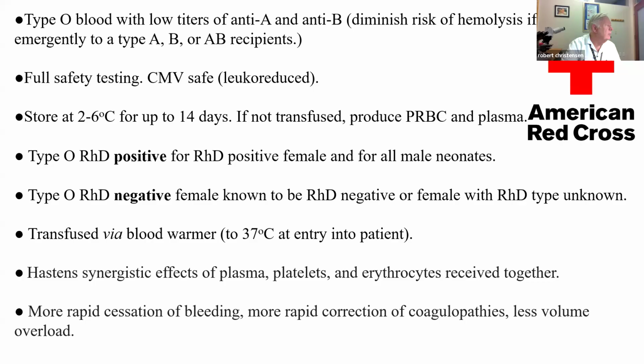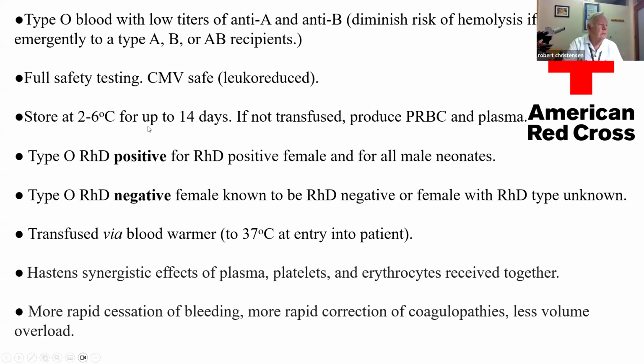So this particular military product is using only type O blood from a donor where the anti-A and the anti-B titers have been measured and found to be safely low. It is fully tested. It is CMV safe by leukoreduction using a platelet-sparing leukoreduction filter.